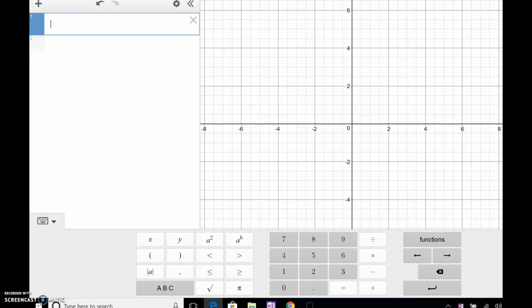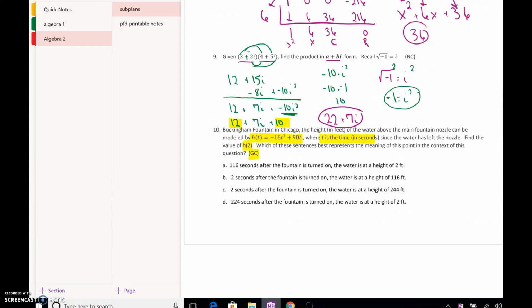It's probably just easier to use the left box that you see where the 1 is highlighted in blue, and just go to my original problem, which is the -16t squared plus 90t, and replace those t's with the 2 that's mentioned here. Oops, let me switch colors. So I'm just going to go wherever I see a t here and put a 2 in it. And when I do that, I will be wrapping it in parentheses.